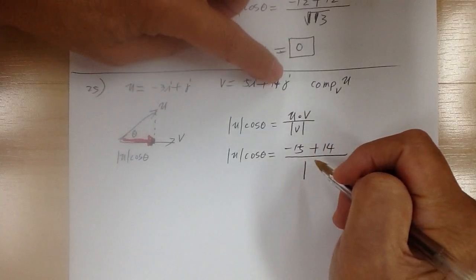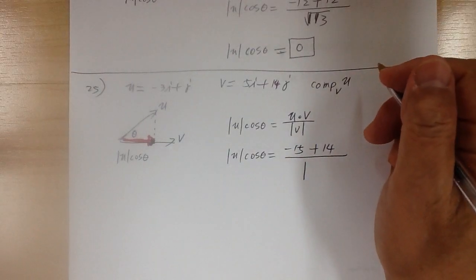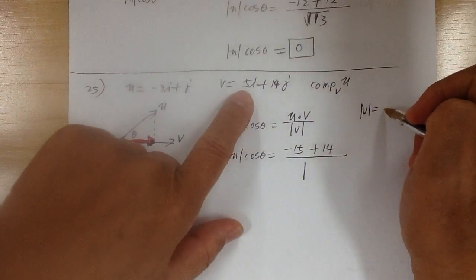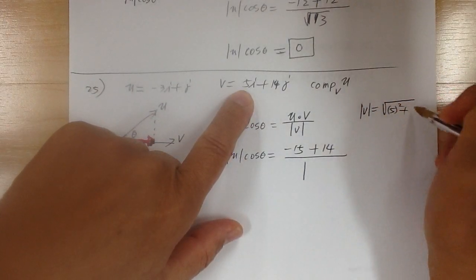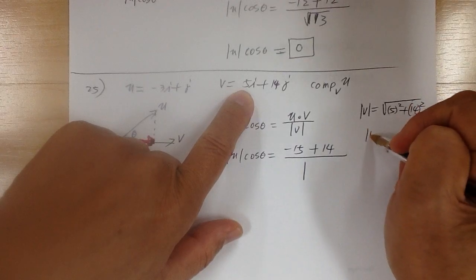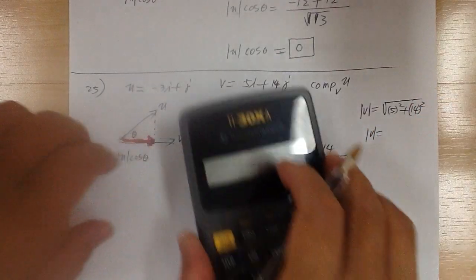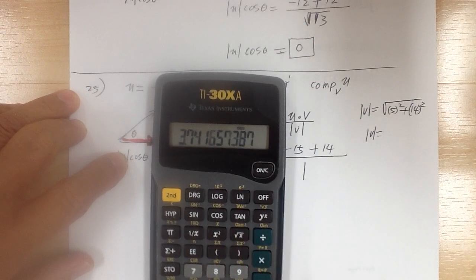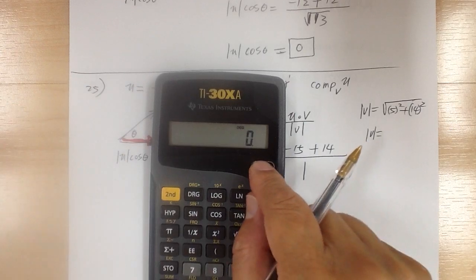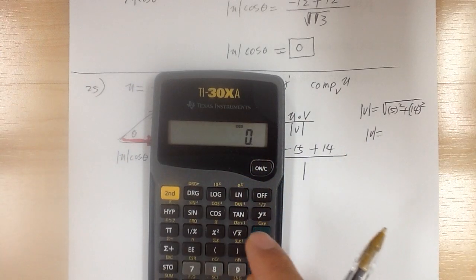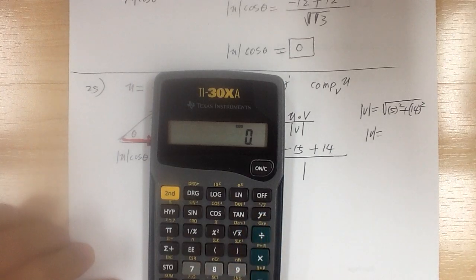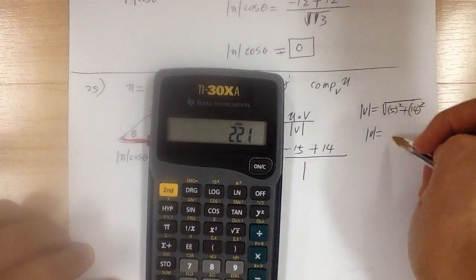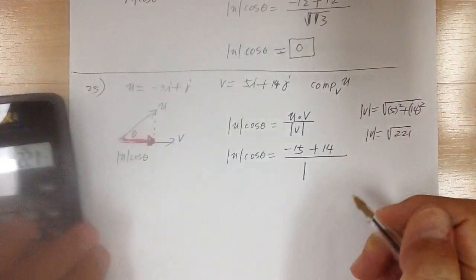And the length of v will equal the square root of 5 squared plus 14 squared. So get your calculator: 5 squared plus 14 squared equals 221, so the length is the square root of 221.